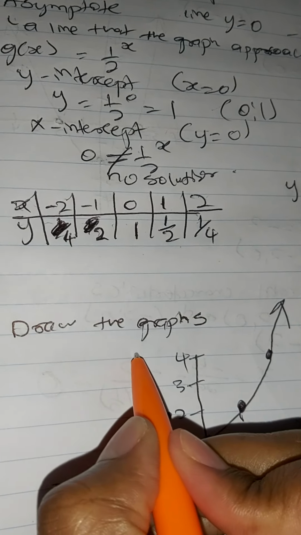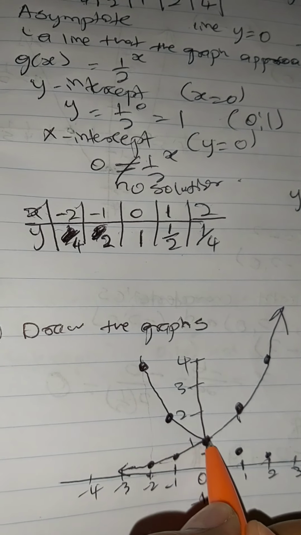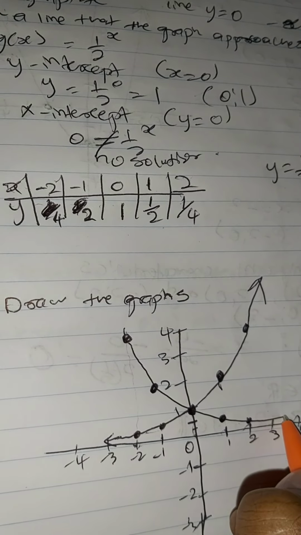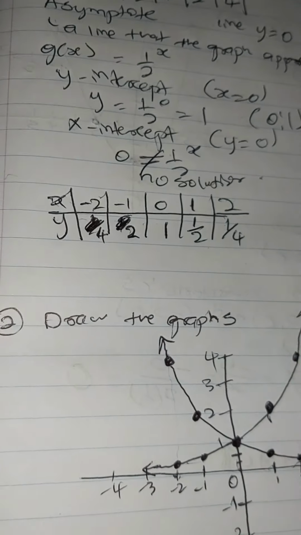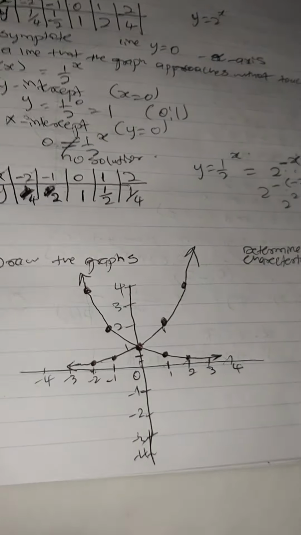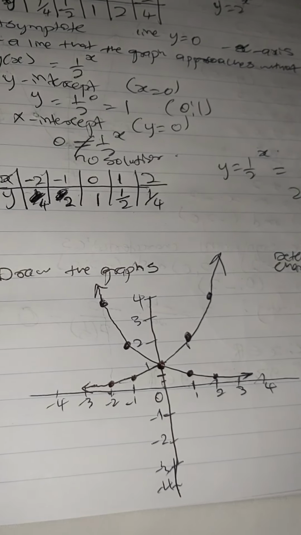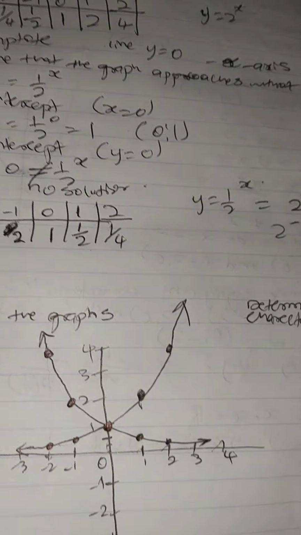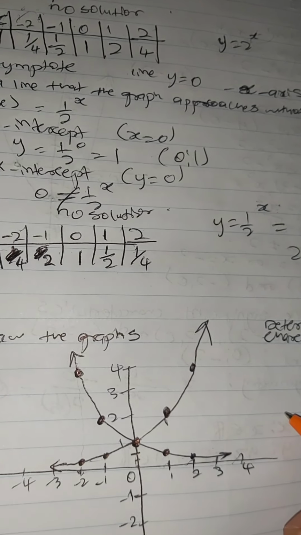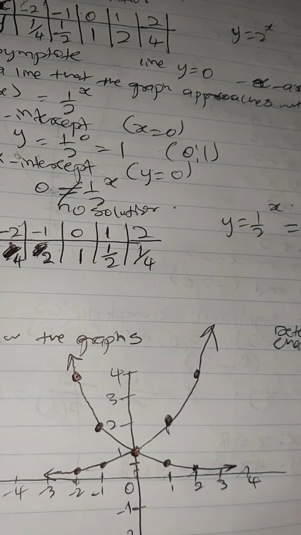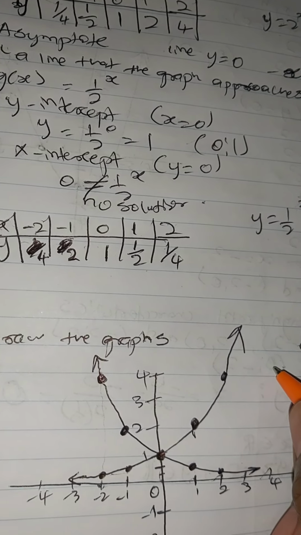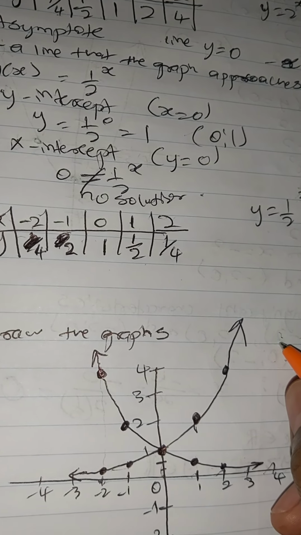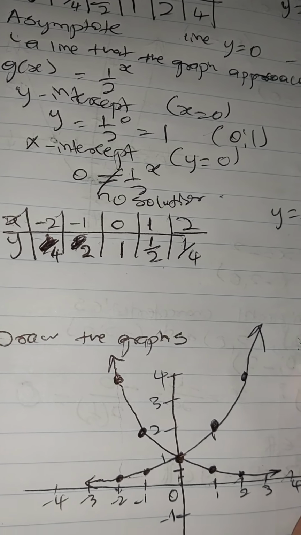Now we can draw our graph. It looks like that. So that is the graph of the hyperbola. Then we also determine the characteristics of this graph. We've got something called asymptotes.